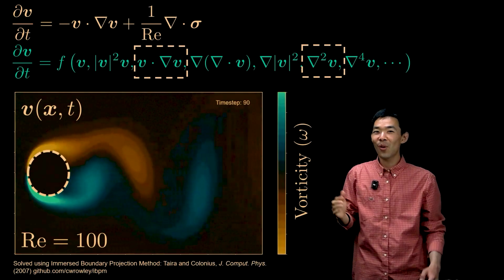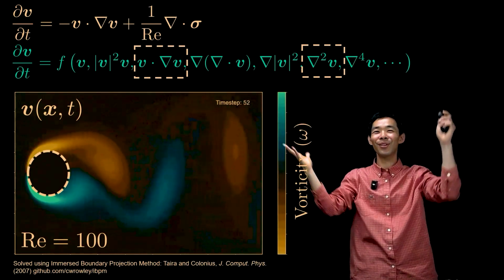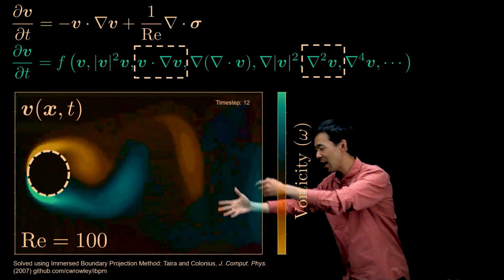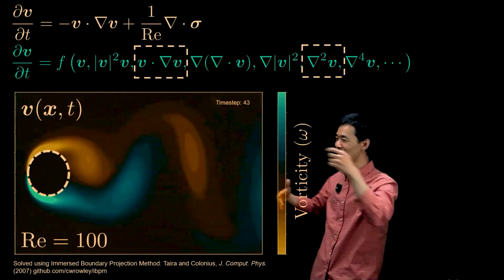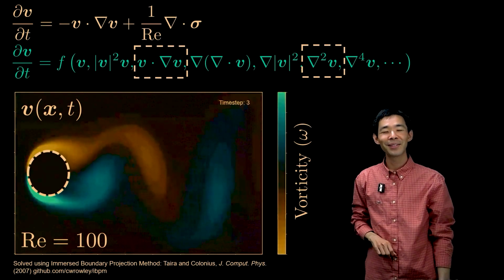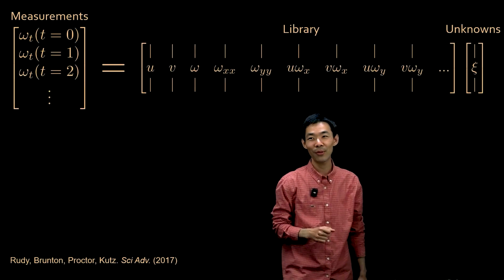This again uses a lot of physical insight. We're constraining the entire search space to only this subset of terms that describe this super complicated vortex shedding problem at high Reynolds numbers. So we can pose the problem in the way I showed you with sparse regression.